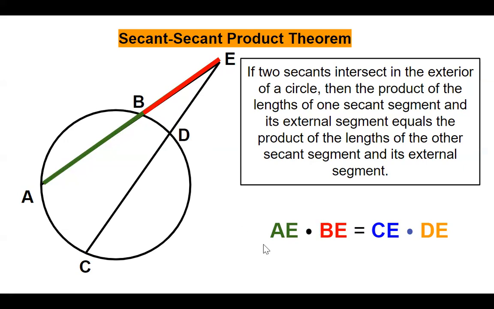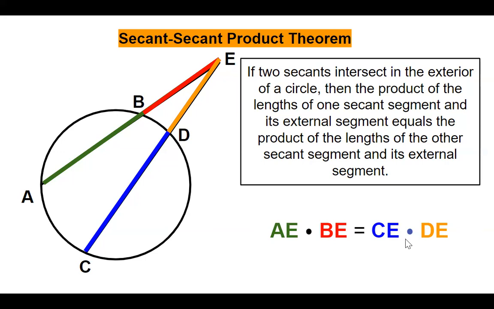That product, meaning I'm going to multiply those two, is going to be equal to the entire secant segment that intersects at point E multiplied by its exterior part. So in this case, DE. So go ahead and copy this equation right here, guys, so you can have it. AE times BE equals CE times DE.